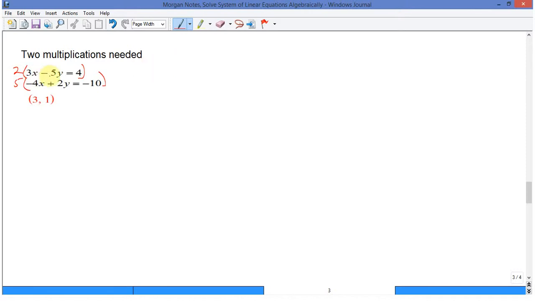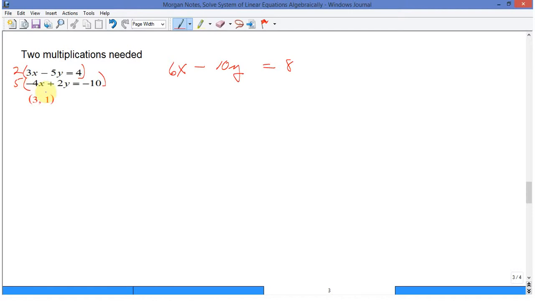2 times 3x is 6x. 2 times negative 5y is negative 10y. 2 times 4 is 8. Make sure you multiply the whole equation.